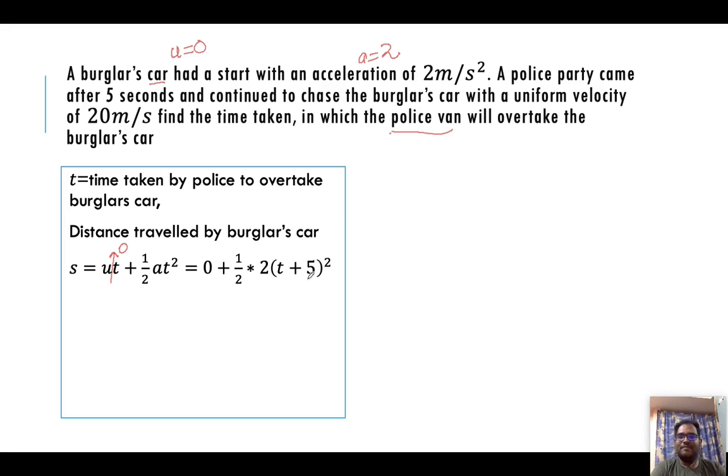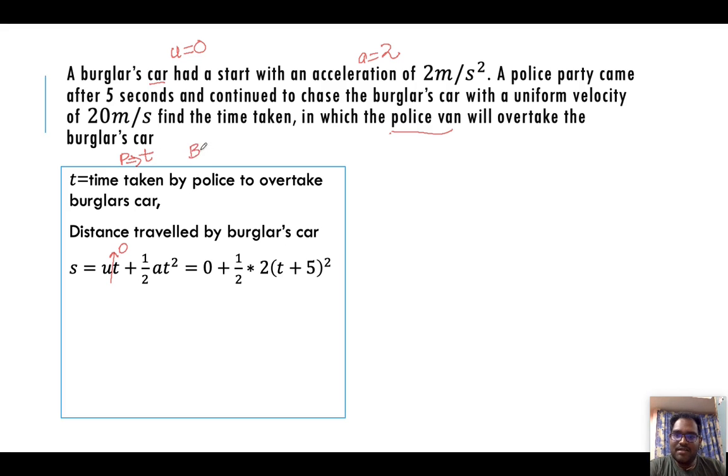Why this particular t plus 5 has come into picture is, here you can find this. A police party came after 5 seconds of the burglar's car, which means the burglar's car has started 5 seconds before it. Let me just reframe it. Police car has started at time t.